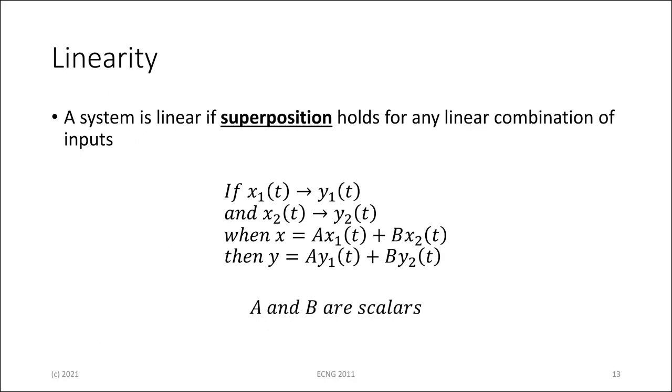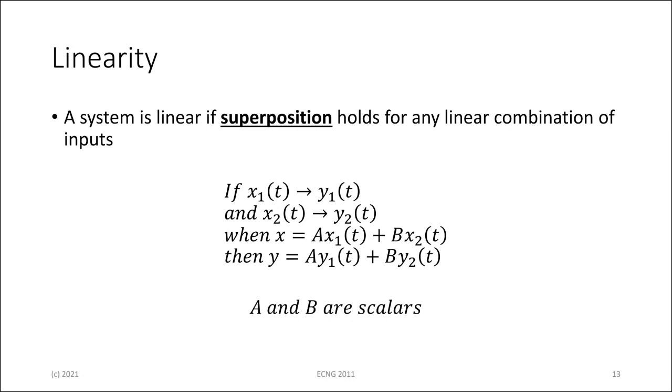Superposition just means that if I put a signal X onto the system, it gives me some response. If I put input Y onto the system, it gives me some other response. If I put X and Y together, if superposition holds, it means I could just add up the response from X and the response from Y and get the answer.